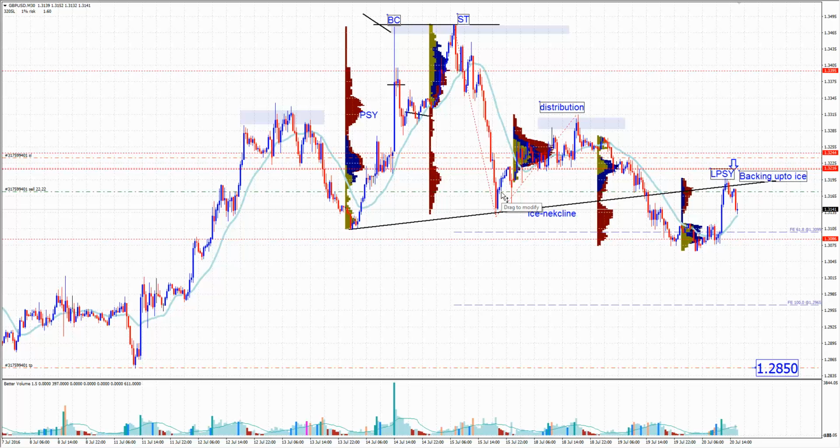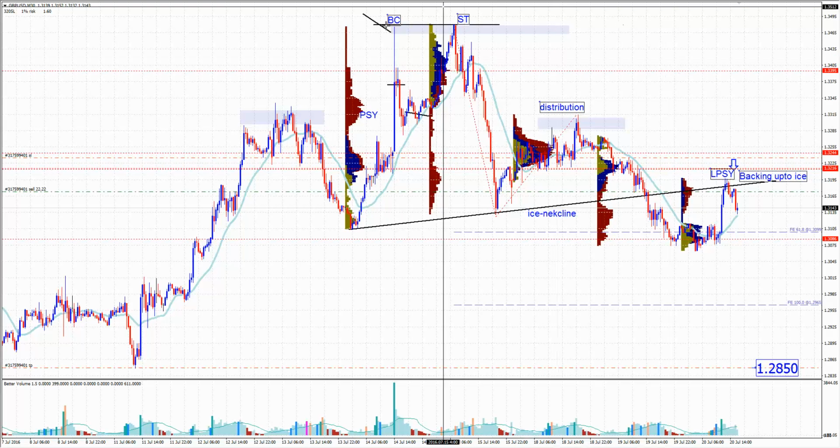So in this particular setup, I used the chart pattern, the volume spread analysis, the Wyckoff analysis, pure price action, and the market profile. Pretty much these 5. Okay, so basically all in one.